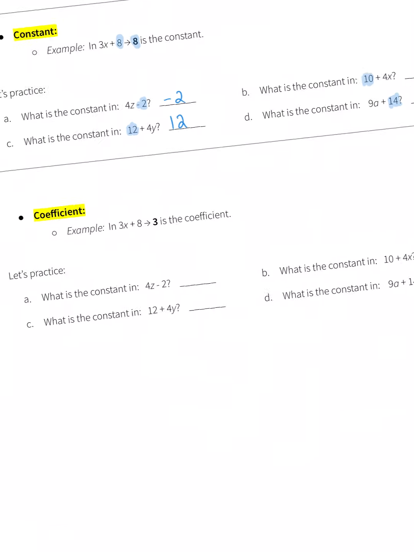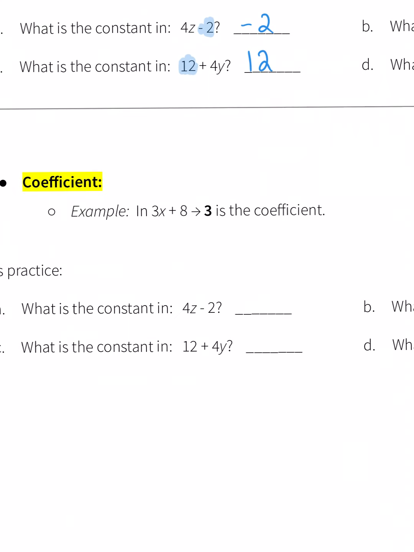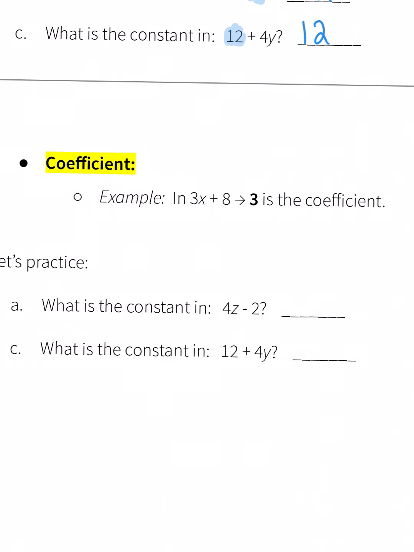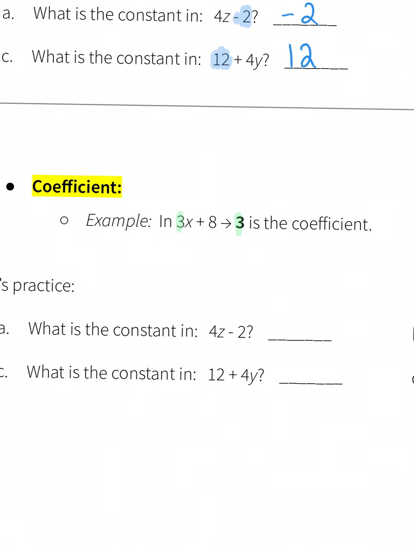And the last one is coefficient. A coefficient, remember, is that number in front of the variable. So in 3x plus 8, 3 would be my coefficient. Now we're going to look at this one, and for some reason it says constant right here.